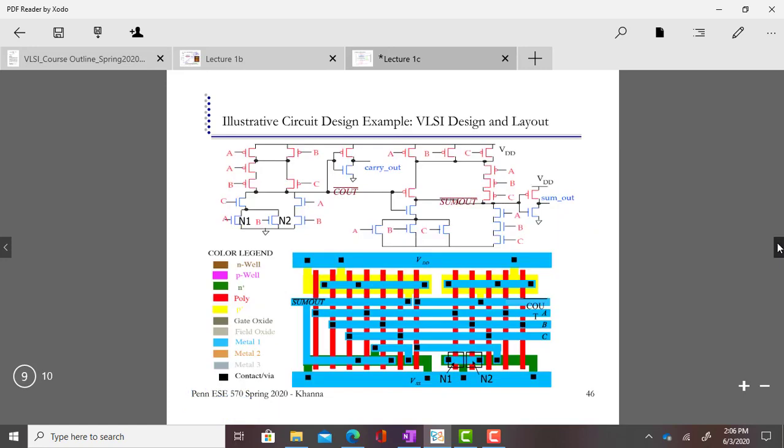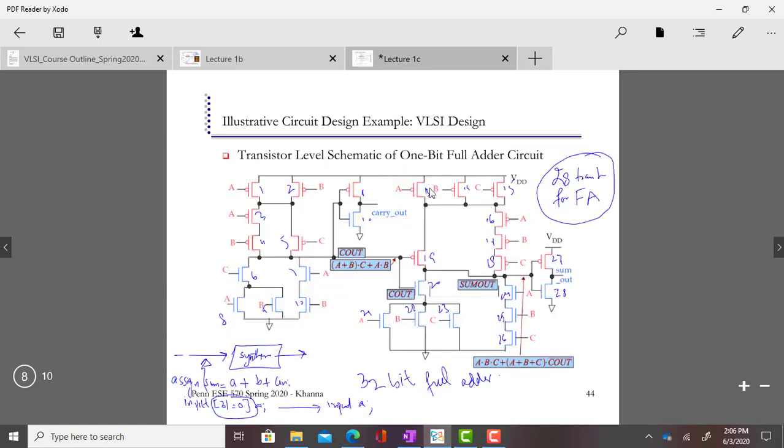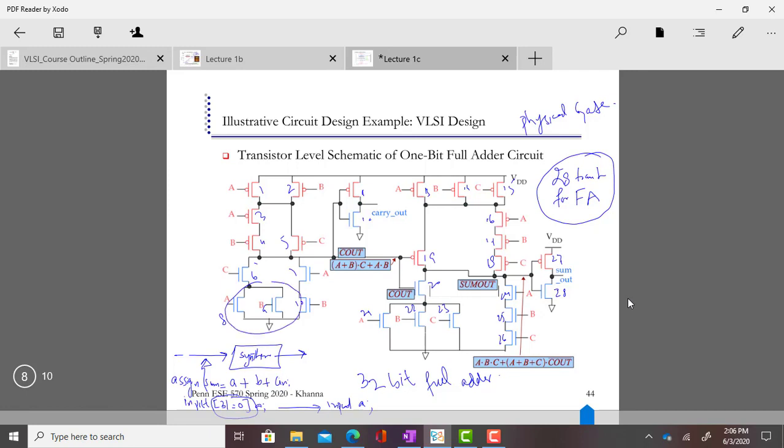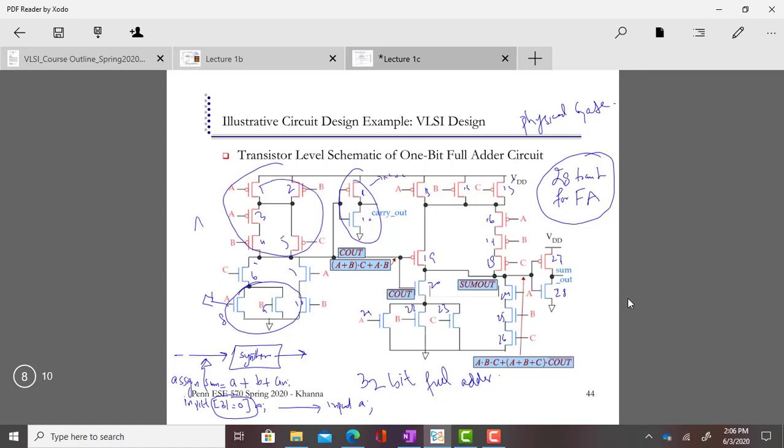Okay, then this is the second one. In that step in the VLSI design, it generates the physical gates. So these are the physical gates. Later in the course we will see maybe this is a NOT gate, maybe this is an AND gate.